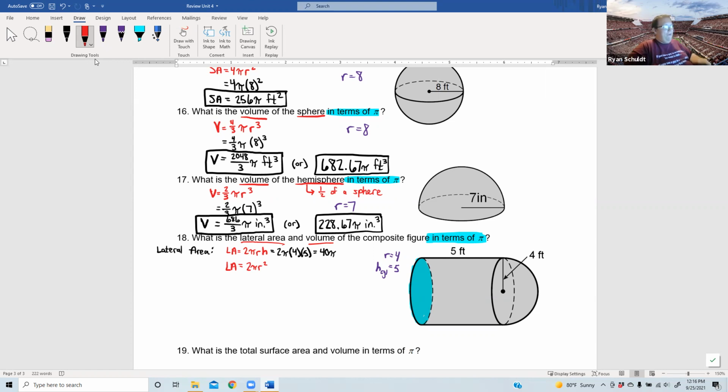Well, it is, but this circle right here is not going to be part of it this time. If I did just a normal hemisphere, then sure, but I'm not. I don't want this circle in it. So the lateral area is just 2 pi r squared, or half of a sphere.